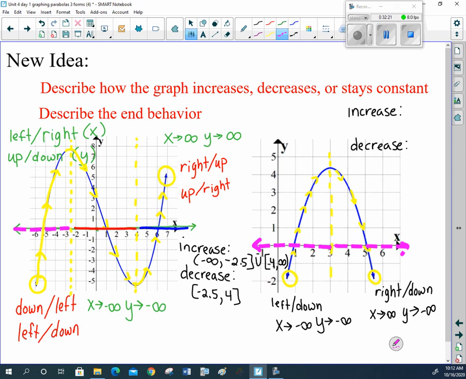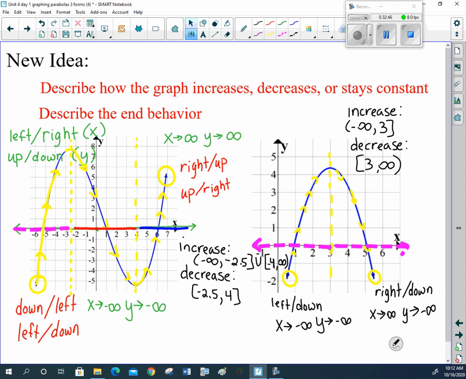So the left side is where it's increasing. So we're increasing from negative infinity to, where's the dotted yellow line? That's where I changed my direction, and that was at 3. And then we were decreasing from 3 to positive infinity.